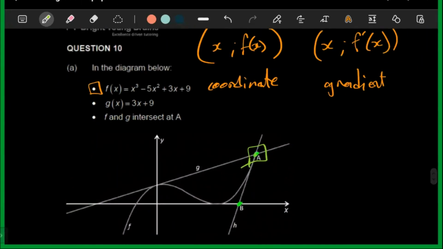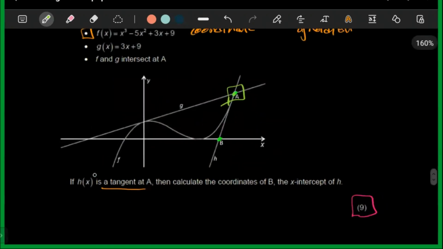It doesn't seem like a difficult thing to do. It actually looks like a straightforward thing to do. So let's do it. Here, f of x equal to g of x.